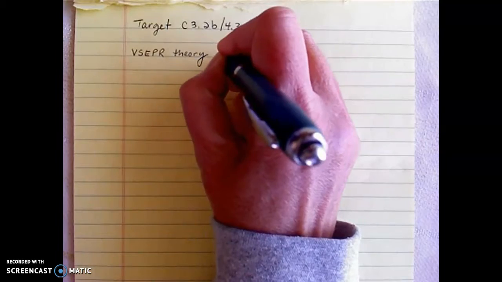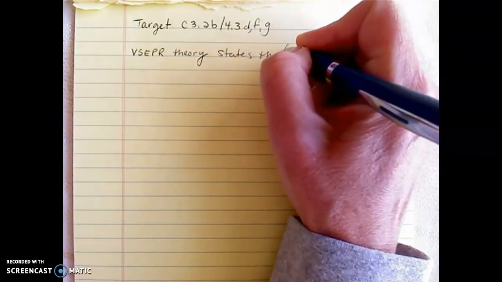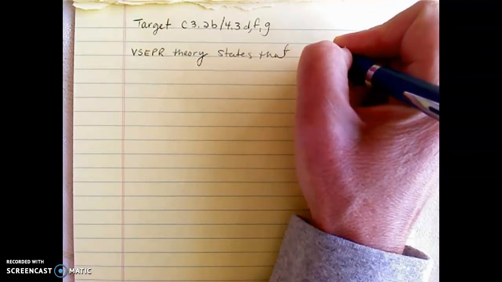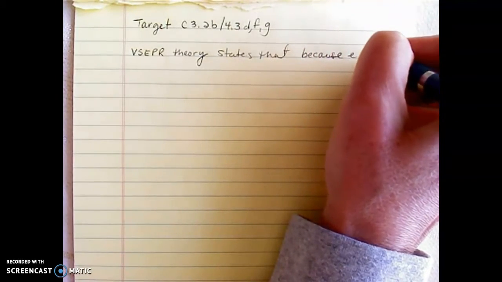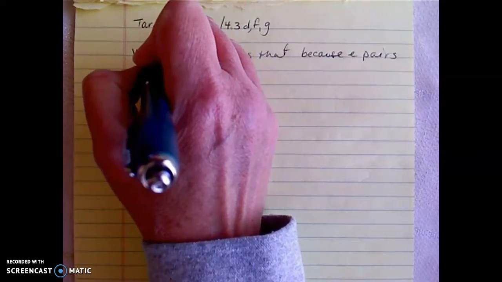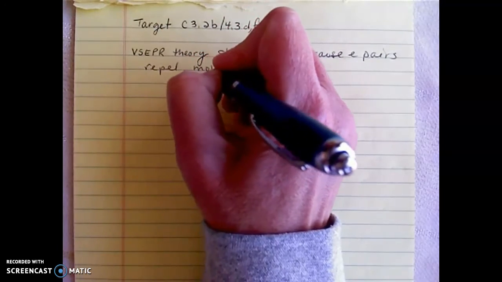So one of the things we have to look at is what we call the VSEPR theory. The VSEPR theory states that because electron pairs repel, molecular shapes will adjust.